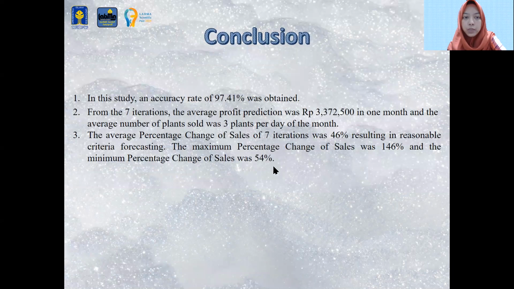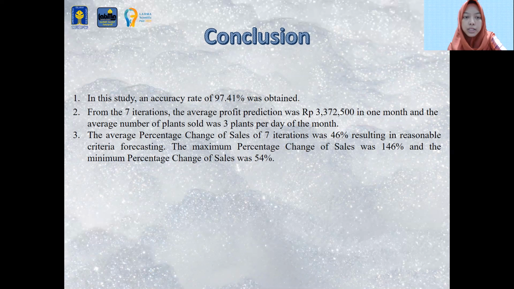Based on this study, we can conclude that an accuracy rate of 97.41% was obtained. It can be seen that the accuracy value is included in very high accuracy because it is close to 100%. From the 7 iterations, the average profit prediction was 3,372,500 in 1 month, and the average number of plants sold was 3 plants per day of the month.